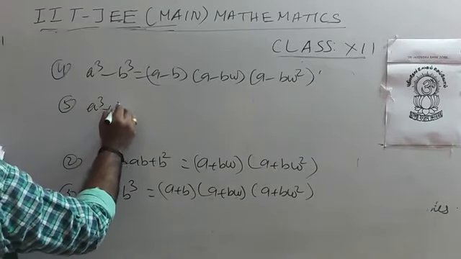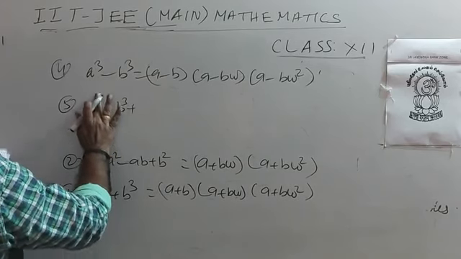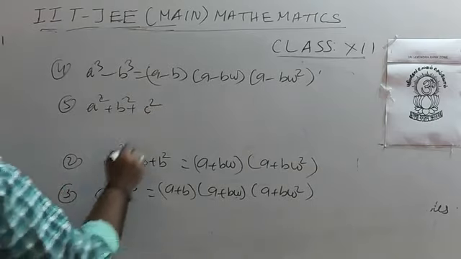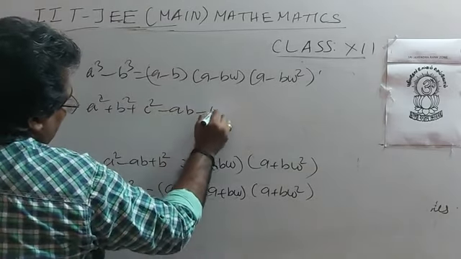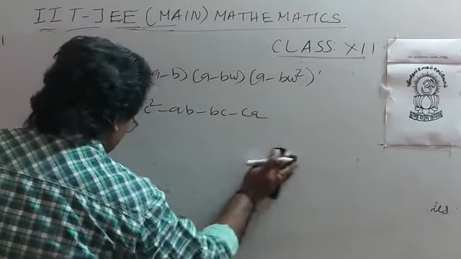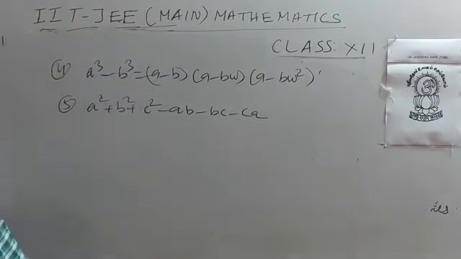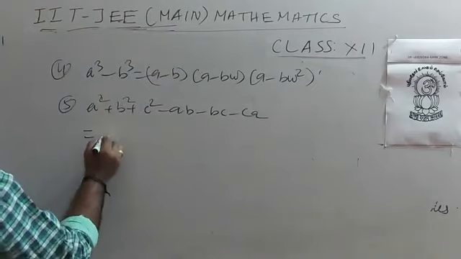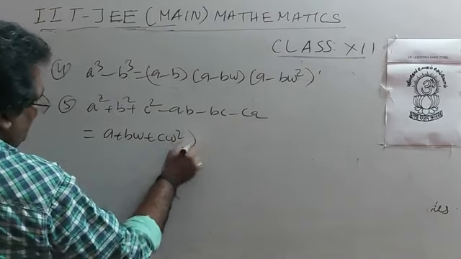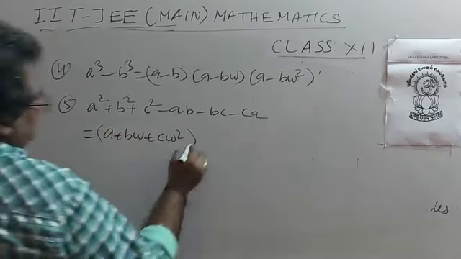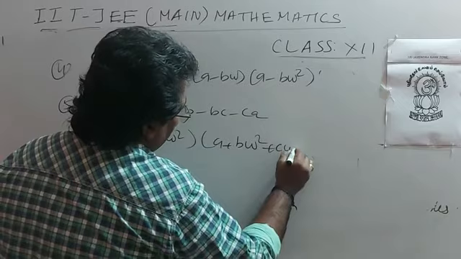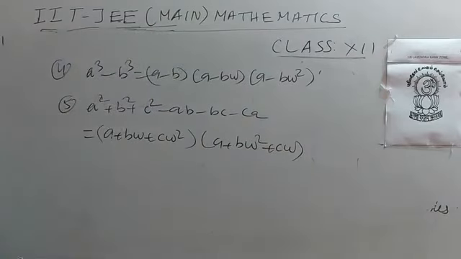A squared plus B squared plus C squared minus AB minus BC minus CA equals A plus B omega plus C omega squared into A plus B omega squared plus C omega.